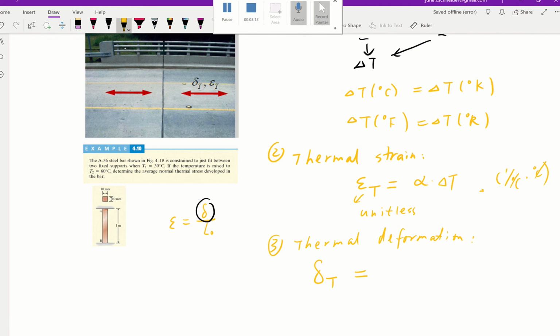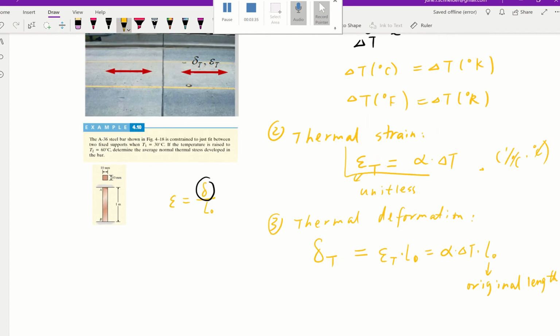That's going to be equal to epsilon T times original length, and substituting the thermal strain, which is alpha delta T, then times L naught. I also want to make a note that L naught is the original length. So far we've talked about thermal strain, and from there we come up with the thermal deformation.